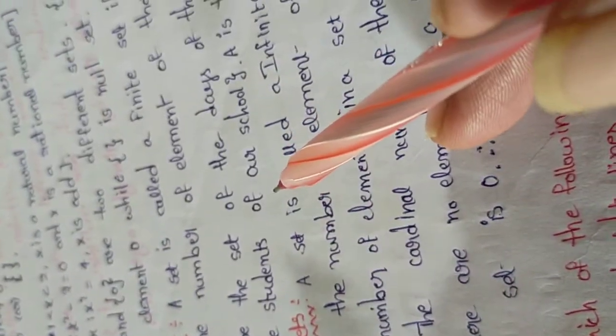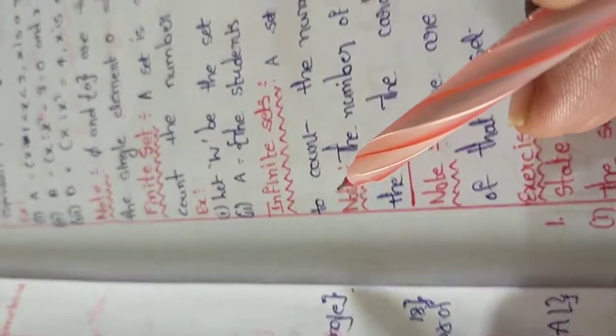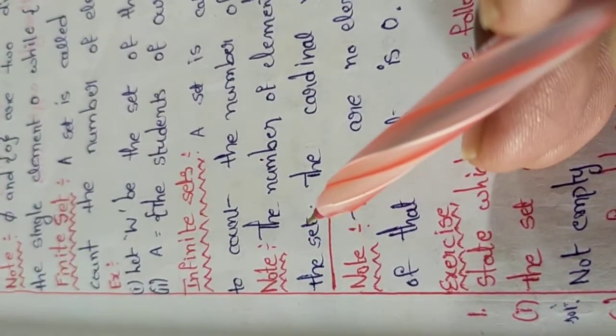For example, the set of natural numbers 1, 2, 3, 4 and so on, the set of even numbers 2, 4, 6, 8, 10 and so on, and the set of odd numbers 1, 3, 5, 7 and so on are infinite sets. If counting is possible, it is a finite set. If counting is not possible, it is an infinite set. Example.